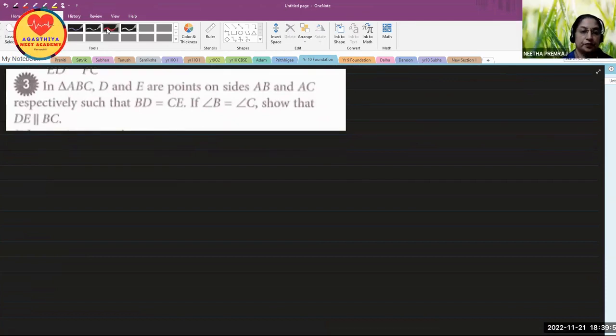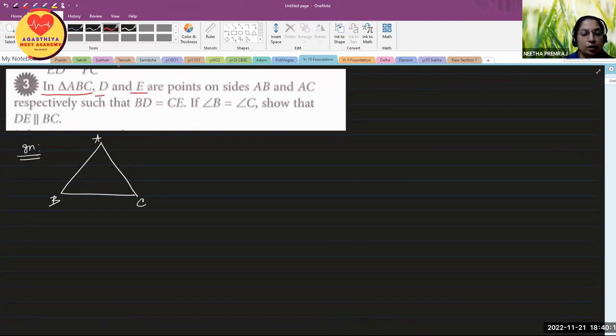Okay. What is given? In triangle ABC, immediately draw the triangle. D and E are points on sides AB and AC respectively.